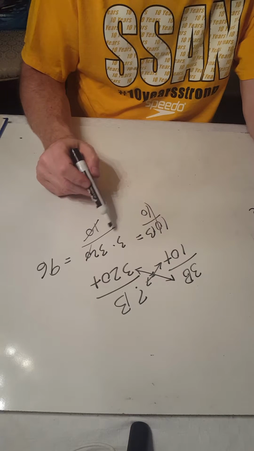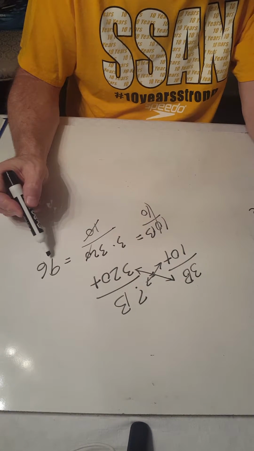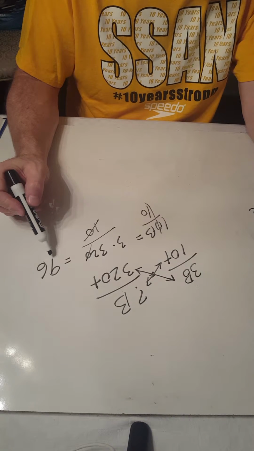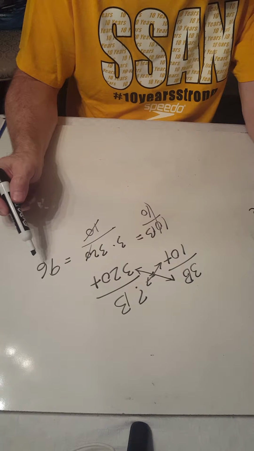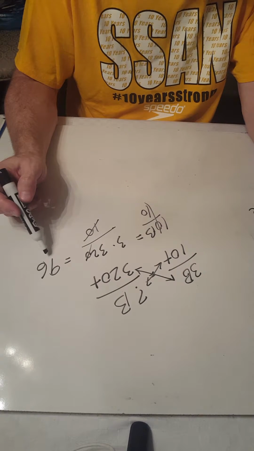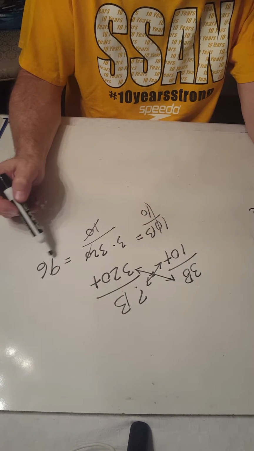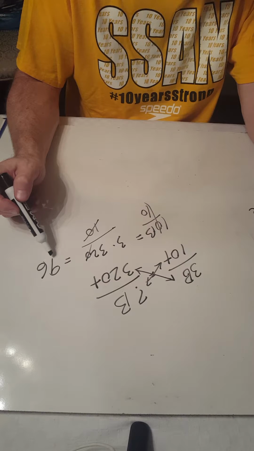So if we have 320 total marbles, we have 96 blue marbles, okay? And we could figure out, well, obviously the remainder would be red if they're all red or blue. But we could also figure out, okay, how many groups of blue marbles do we have here?